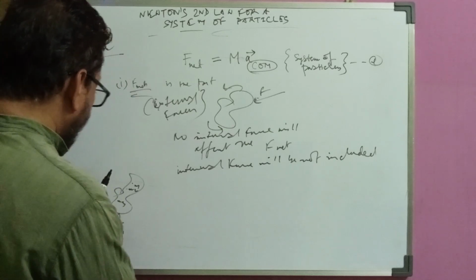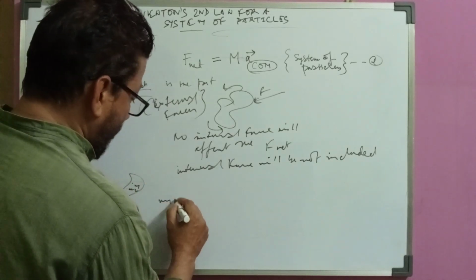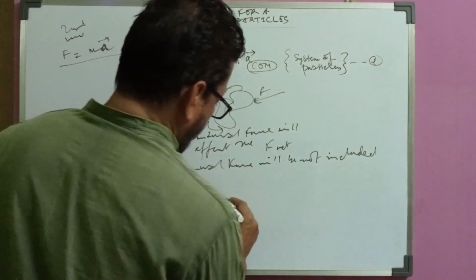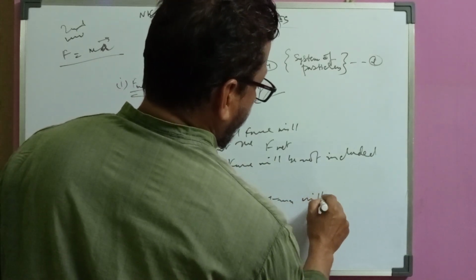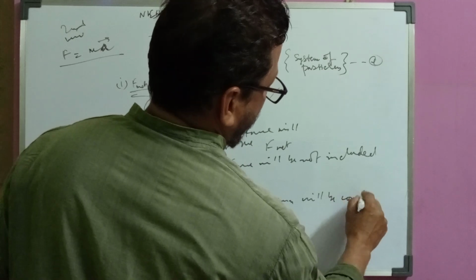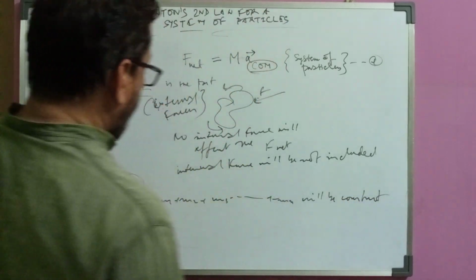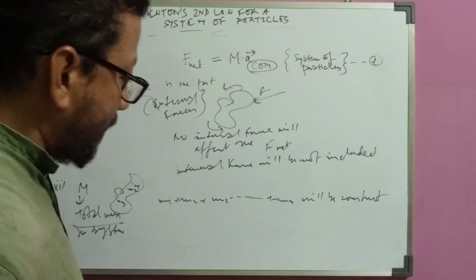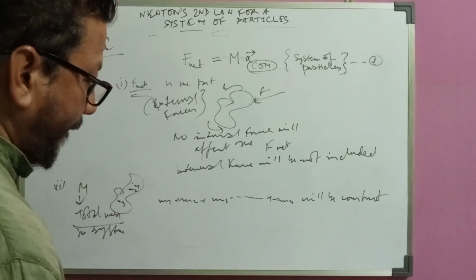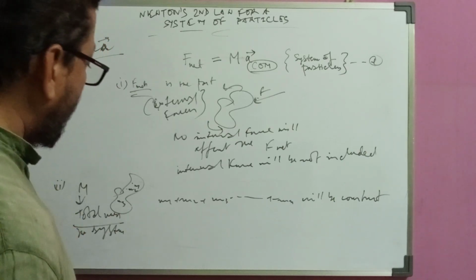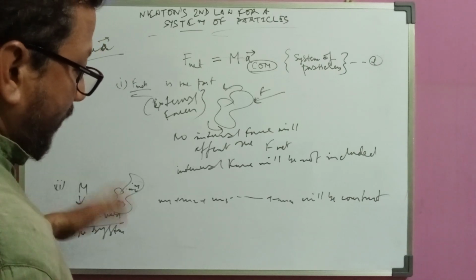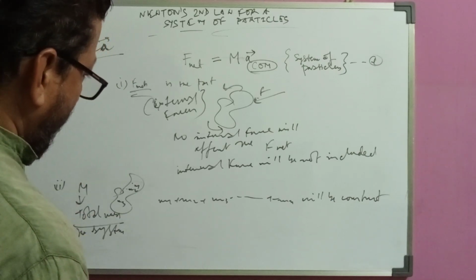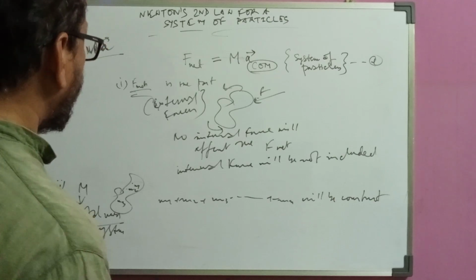This mass, M1, M2, M3 plus Mn, will be constant. Got it? You have to learn this, so that M remains constant. The system is said to be closed. So these are the first two.